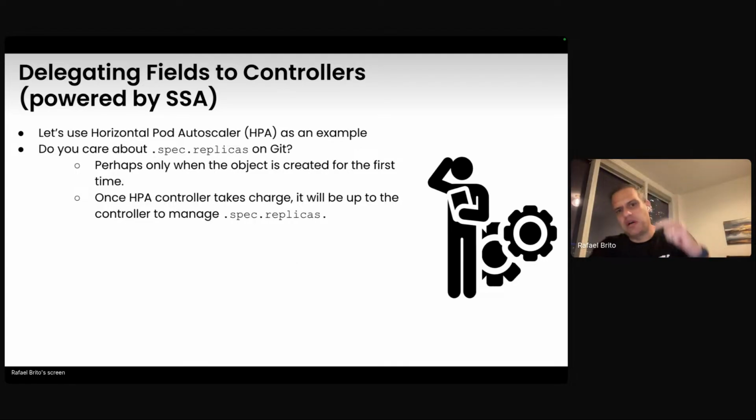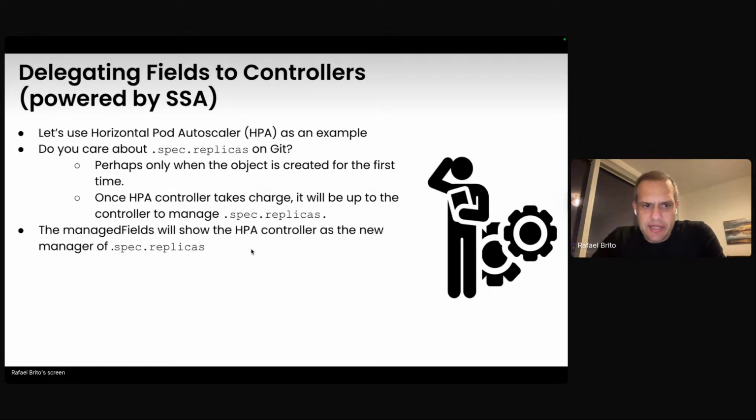Because replicas go up and down, up and down. What is on Git? It's no longer the reality. If you go to your object and do a kubectl get with show managed fields, you see the spec replicas is owned by the HPA controller.